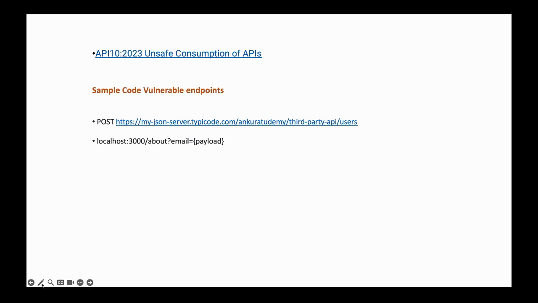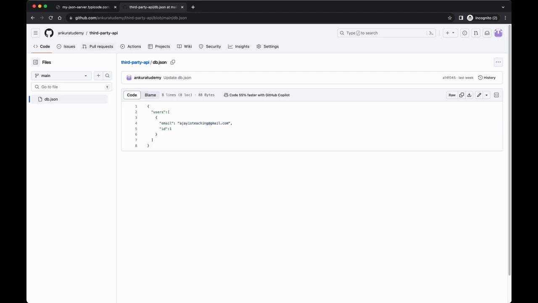So for this purpose, I have created a mock API endpoint using typicode.com, where you can create a GitHub repository. I've created one in my org with the name third-party API, and then added a db.json file in it with a JSON structure.